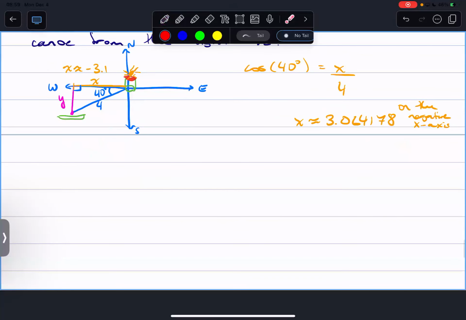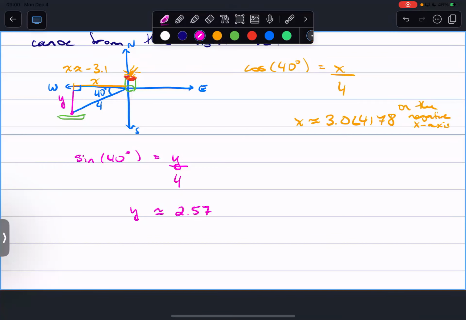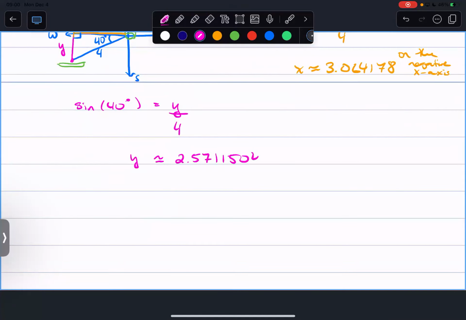How about solving for y? Y is the opposite of 40, and so I have the sine of 40 degrees is the opposite over the hypotenuse, which is 4. So y is roughly sine of 40 times 4. 2.571150439.